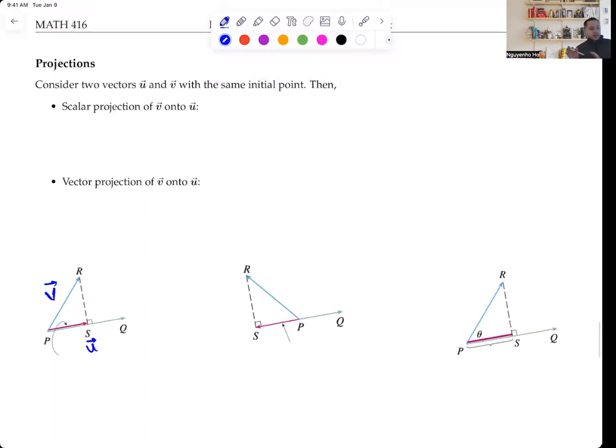The scalar projection of v onto u is equal to u dot v divided by the magnitude of u. The notation for this is a little bit weird: comp of v onto u.